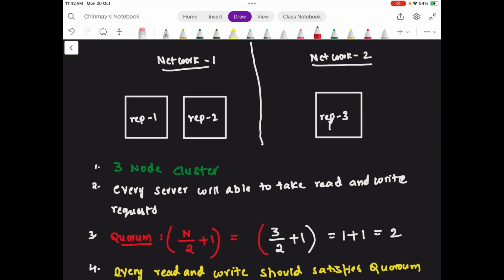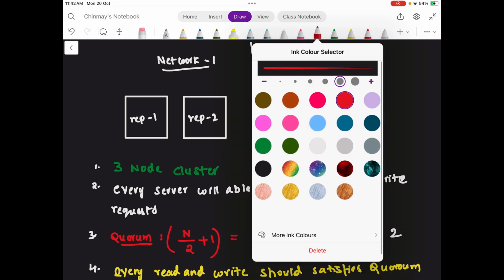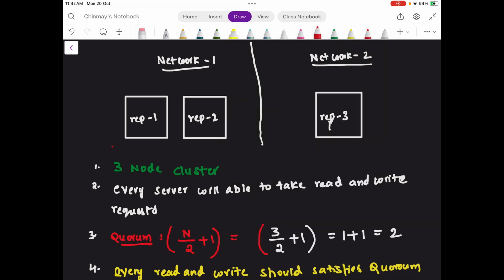That means this entire network is down. All the requests will go to network 2.